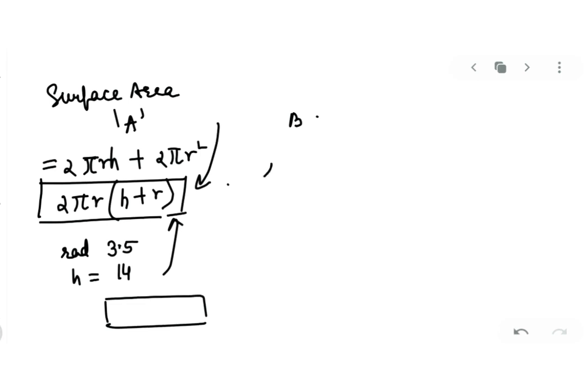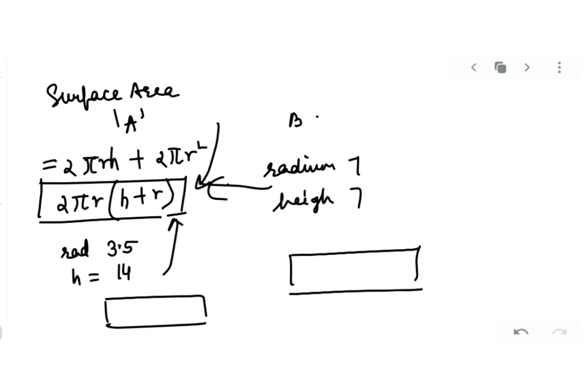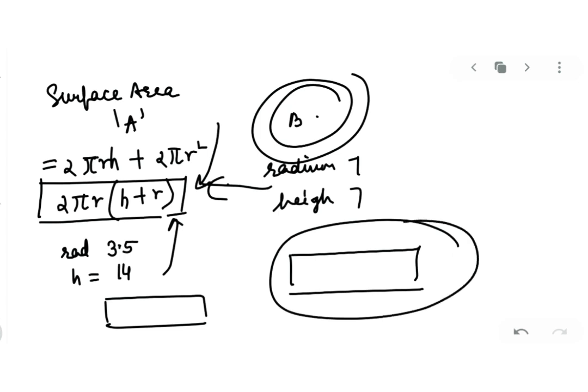For container B, radius is 7 and also height is 7. Put in values of radius and height into this formula and get the surface area of container B. What you will notice that the cylinder with greater volume, that is cylinder B, will have the larger surface area.